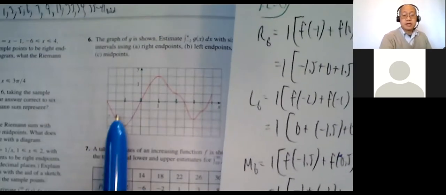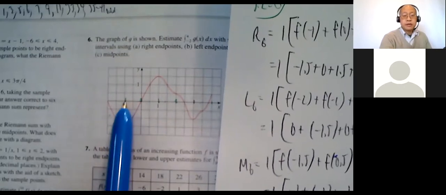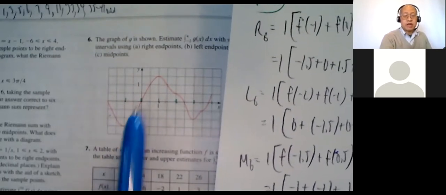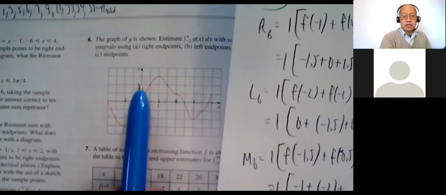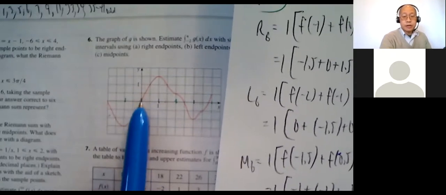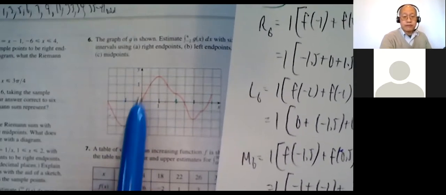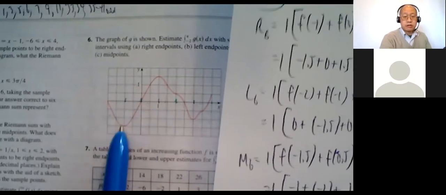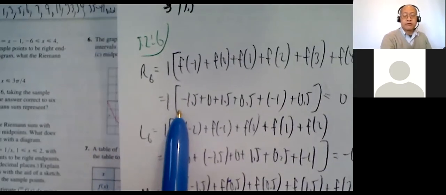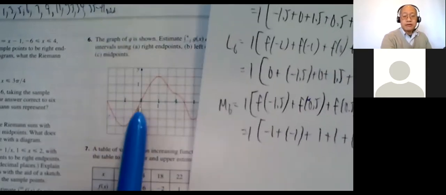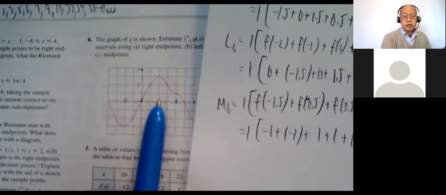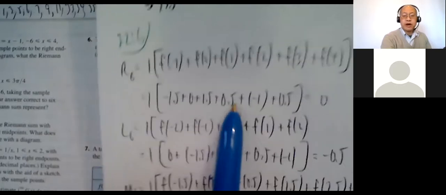Okay, so let's see if I can do this. So negative 1 is down here, negative 1.5. Keep in mind, for this funny graph, each square is actually a half. See how this is 1, right? So that's actually 0.5. And likewise, this is 0.5. So that's 3 squares down. That's negative 1.5. F of 0 is 0. F of 1 is 1.5.